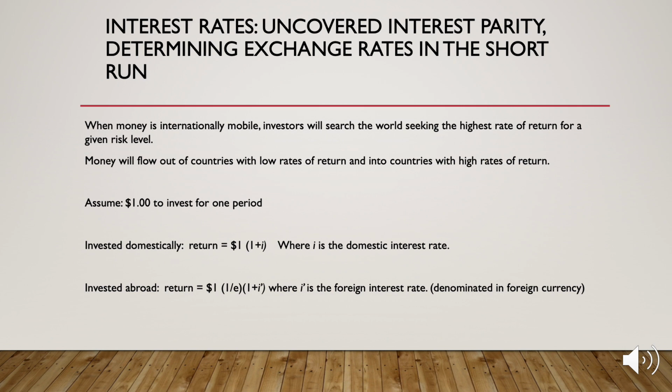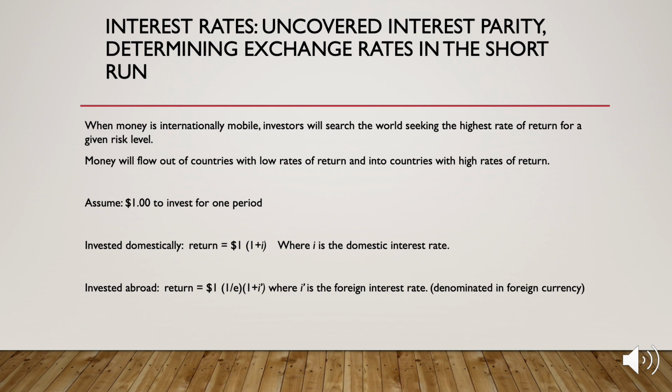Let's take a very simplified approach to looking at this. You could use any numbers you want to. We'll use the simplest ones just so we understand the economics behind this rather than the arithmetic. So let's go ahead and take $1 and invest it for one period. If it is invested domestically, then that rate of return will be the $1 multiplied by 1 plus the interest rate.